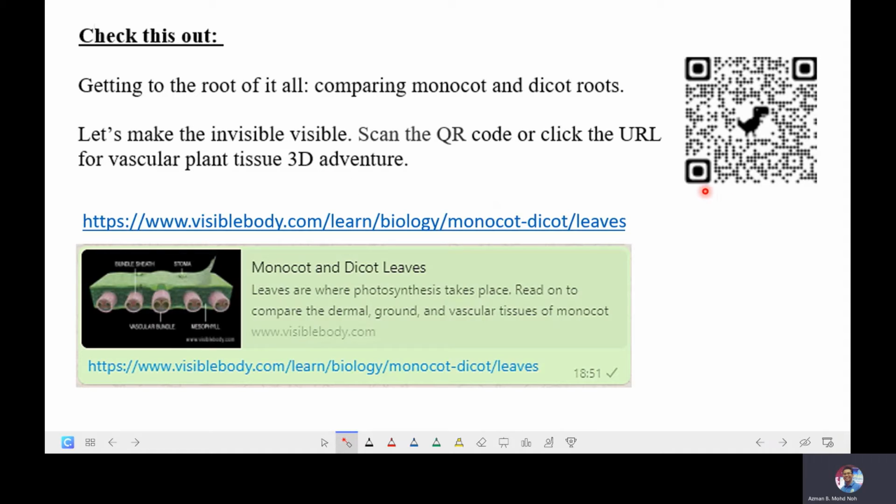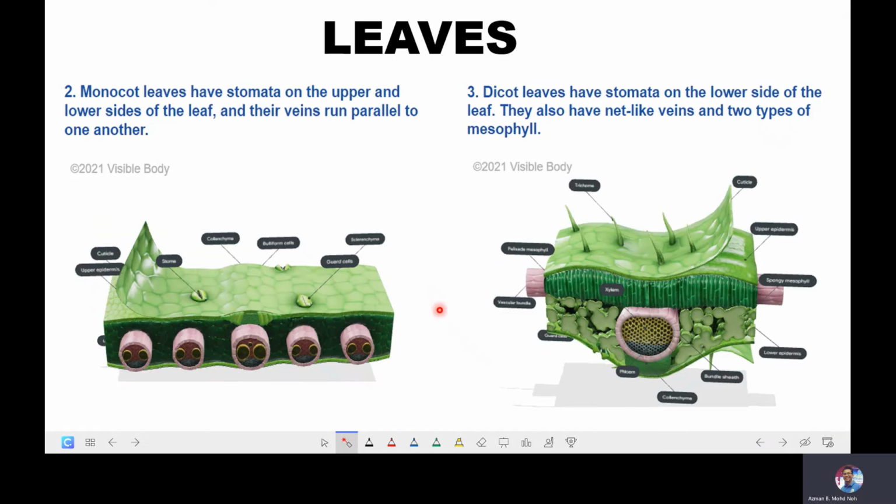If you scan this QR code, firstly you will be able to see the images of monocot and dicot leaves, and then you can click on the other parts about the dicot and monocot stem and also roots. So this will be about the leaves.